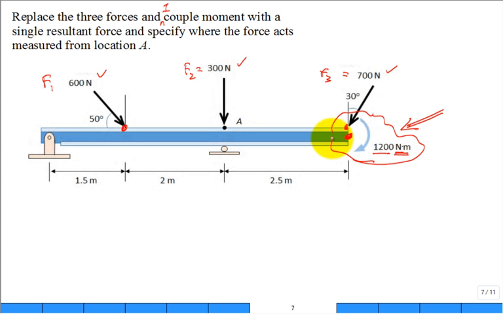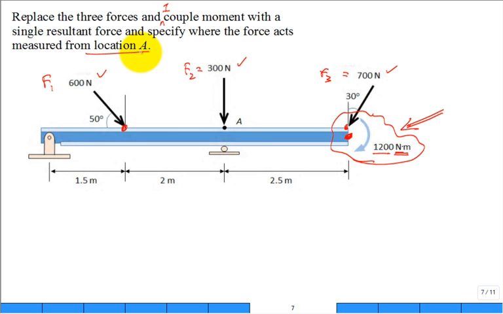So replace those 3 forces and 1 couple moment with a single resultant force and specify where the force acts measured from the location such that not only does it have the same tendency to make it want to translate, but it has the same tendency to make the object want to rotate. And because they say about point A, it's the rotation about point A. That's the easiest way to approach this problem.